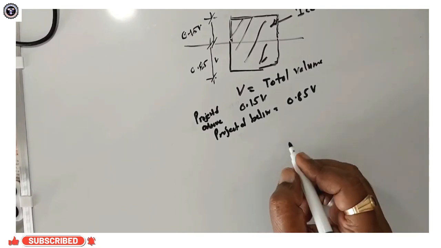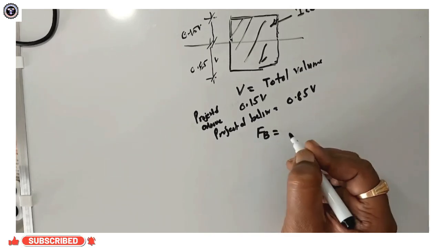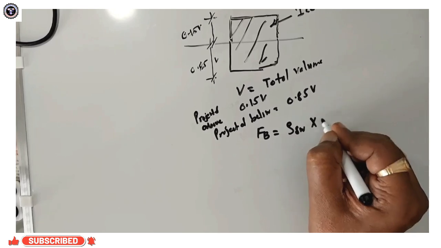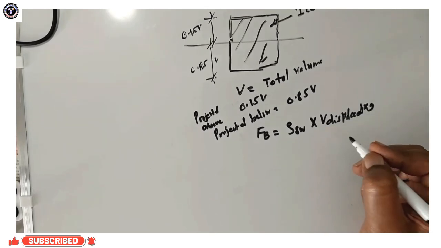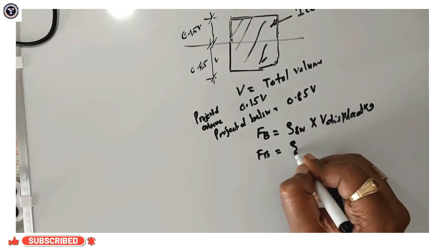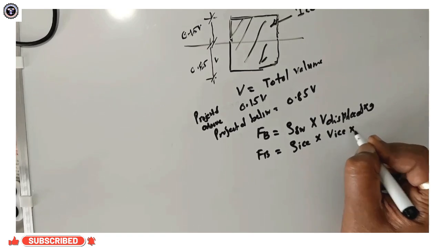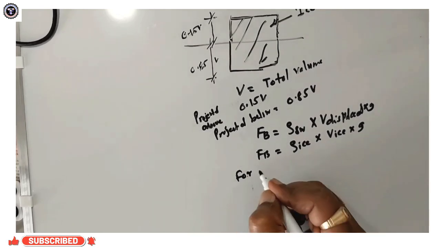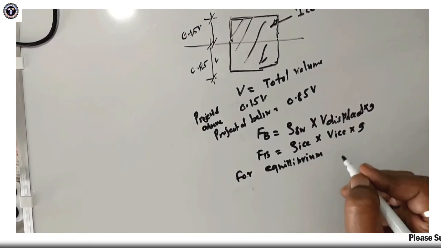So FBD of the ice cube: FB is equal to rho SW into volume displaced into G. And FB for ice is rho ice into volume of ice into G. For equilibrium, W is equal to FB.